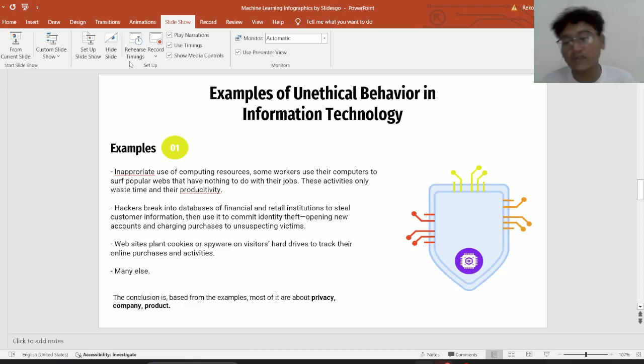The conclusion, based on the examples, is that most of the problems are about our privacy, and companies and the products they make, such as websites, just to steal our information. And the companies' problem is employees using company resources for other things instead of their jobs.